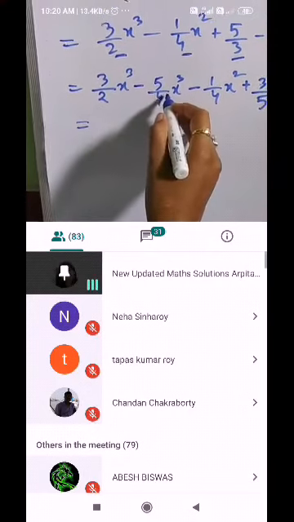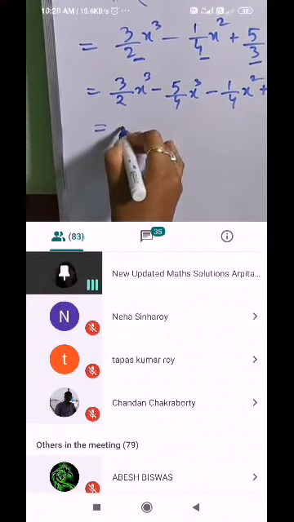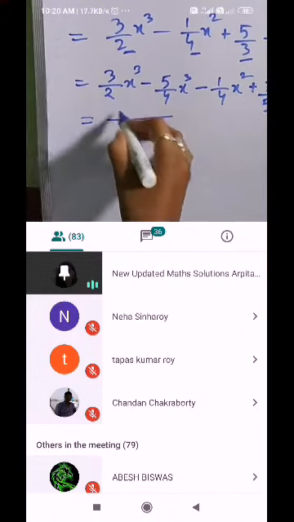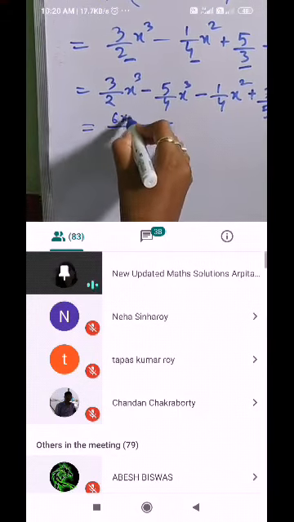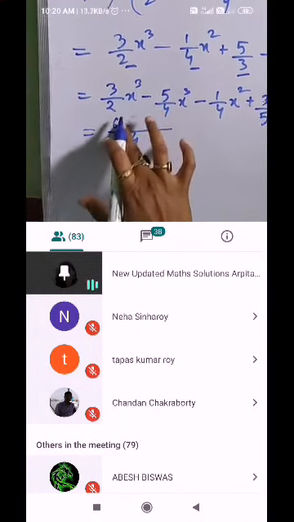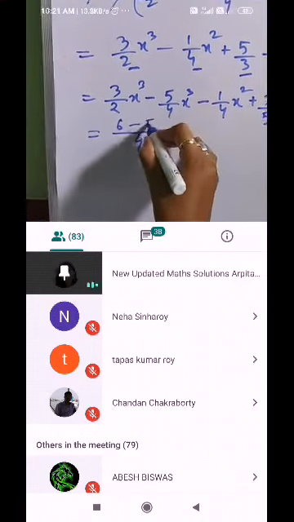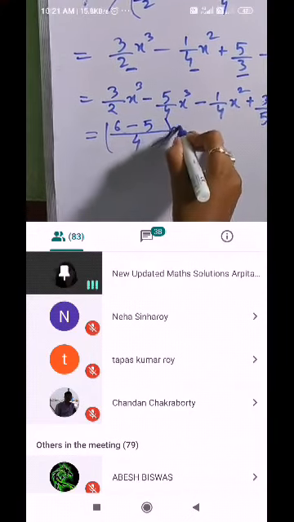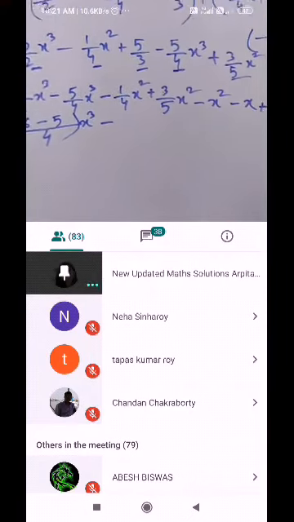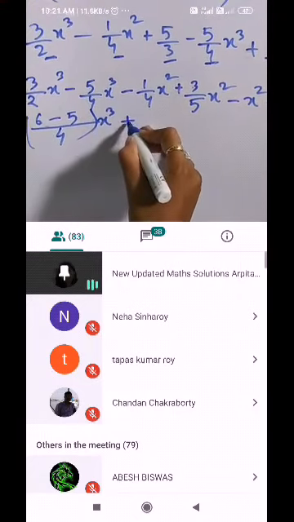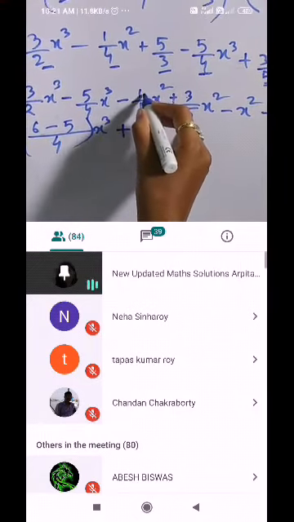First of all, this one, 3 by 2 and minus 5 by 4. 4 will be the LCM, then 2 to the 4, 3 to the 6, x cube. X cube you can write outside. 6 minus 5, and outside you can write this x cube. Then here I will write a plus sign, because I will write the minus sign with 1.